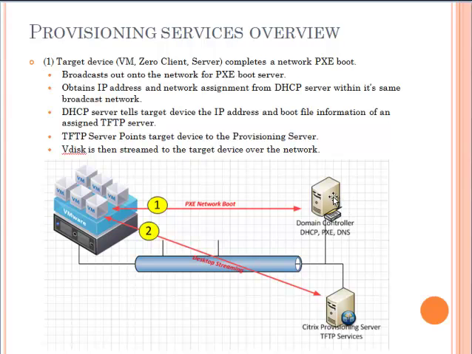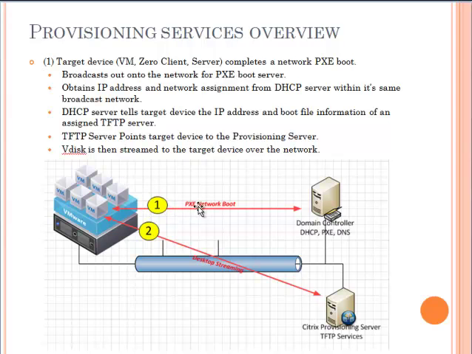It communicates with the DHCP server, receives its IP settings so it can communicate on the network, and also receives special configuration options to point to a separate TFTP server. It then communicates with the TFTP server, which contains bootstrap files to point to the actual provisioning services server so that it can stream and boot to a vDisk across the network. So let's break this down a little bit.